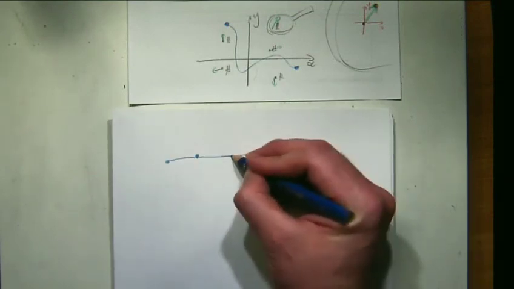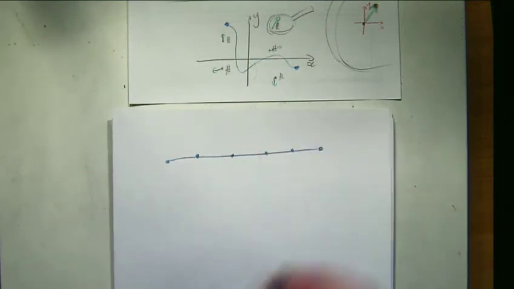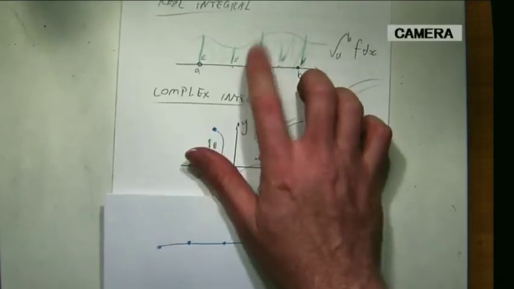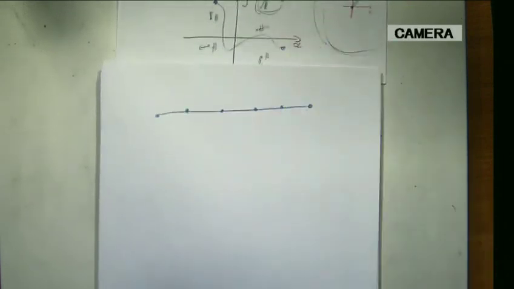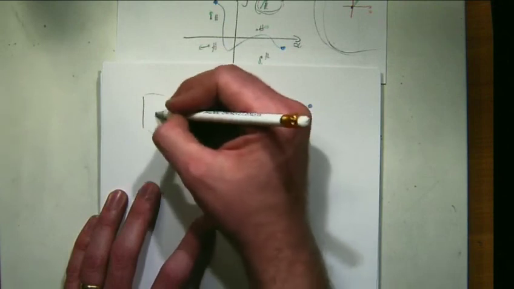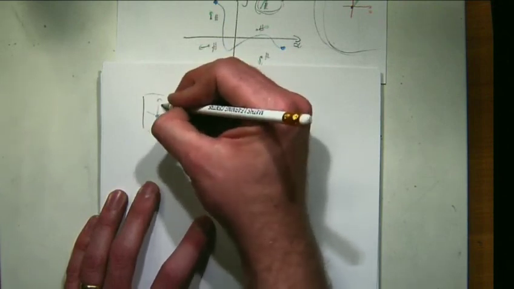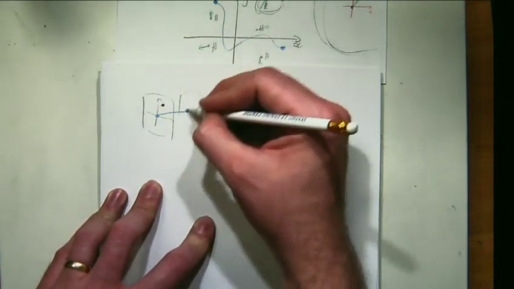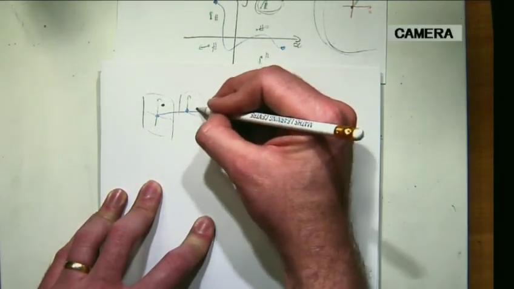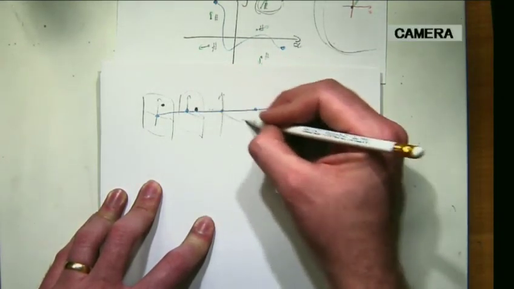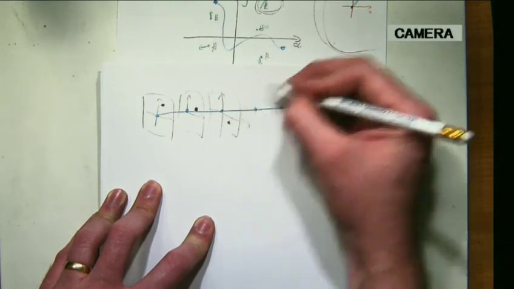And at every point on that path, the result is not actually a real number like it was back here. The result is a complex number. So it's almost as if at every point on that path there's a little complex plane, and the answer for this one is here, and there's another little complex plane here, and the answer for this one is here, and there's another little complex plane here, and the answer for this one is here.